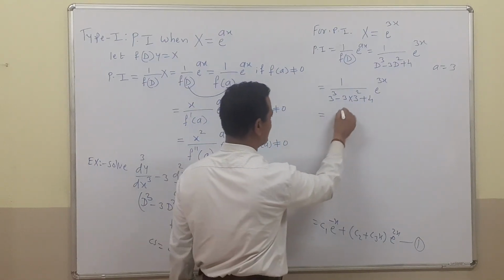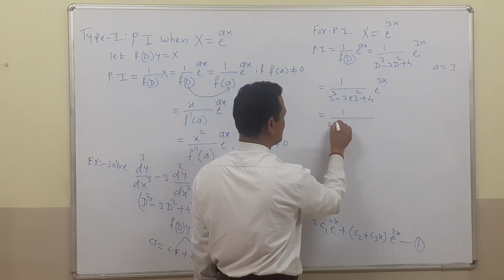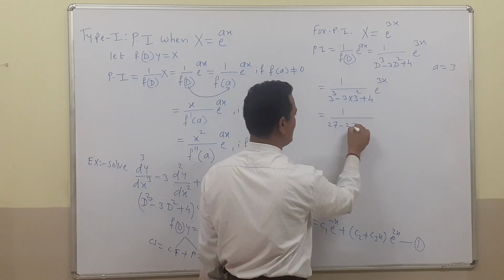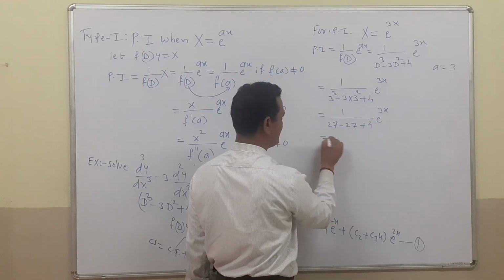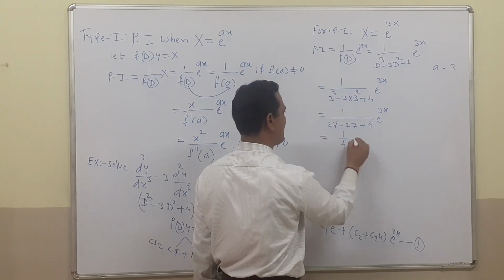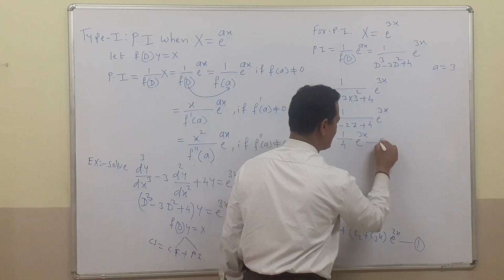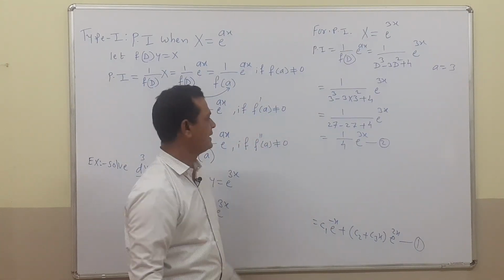If we simplify, 3 cube is 27, minus 3 square, 9, again 27, plus 4, into e raised to 3x. So the final answer is 1 upon 4 e raised to 3x. Let's call this equation number 2. In this way we get the value of the particular integral.